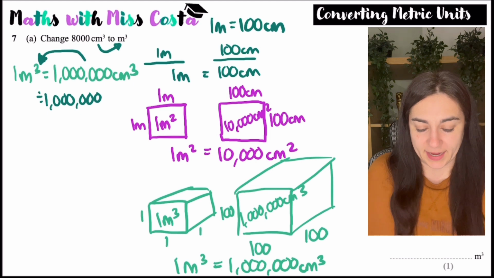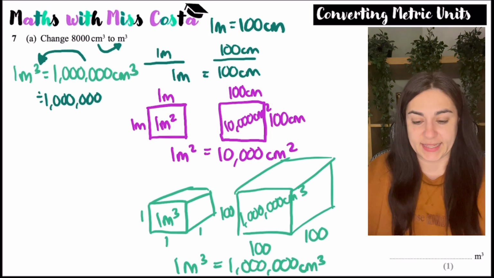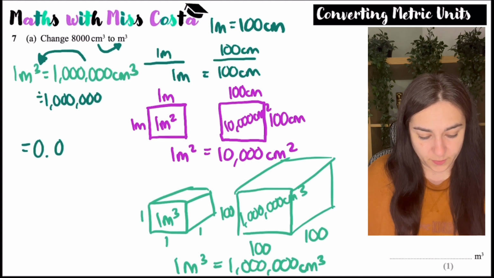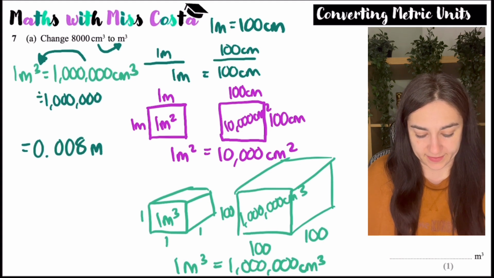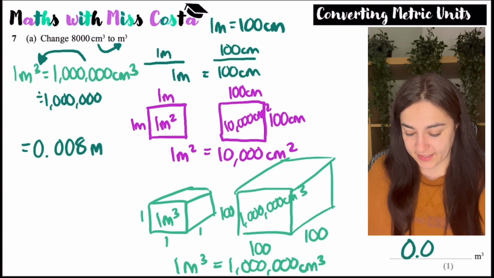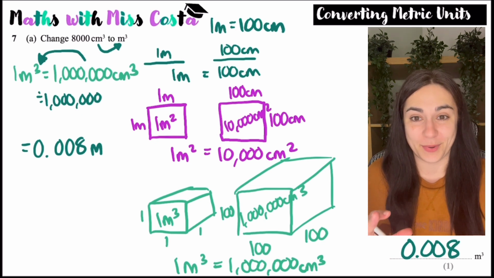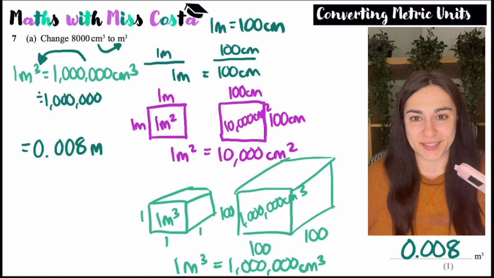So that's what I'm going to have to do to 8,000. So 8,000 divided by a million is going to give me 0.008. So that is how I would do that question. So take real care whenever you're dealing with centimetres squared to metres squared and centimetres cubed to metres cubed.